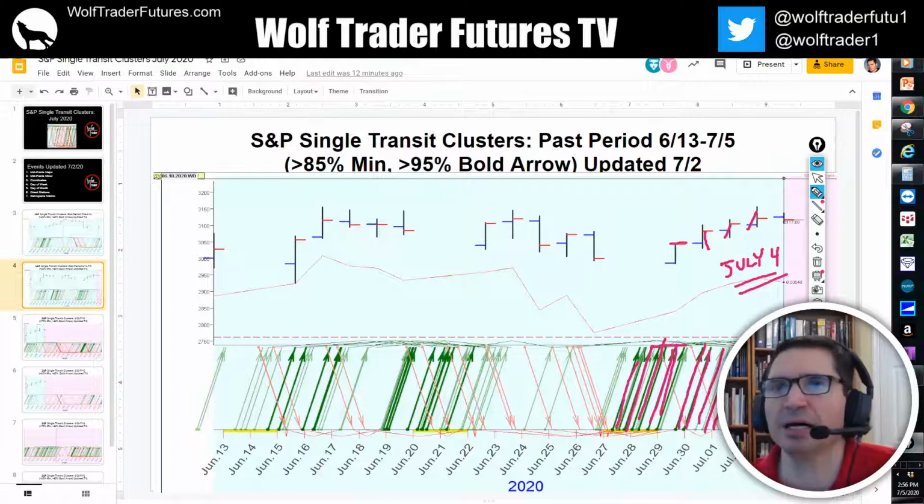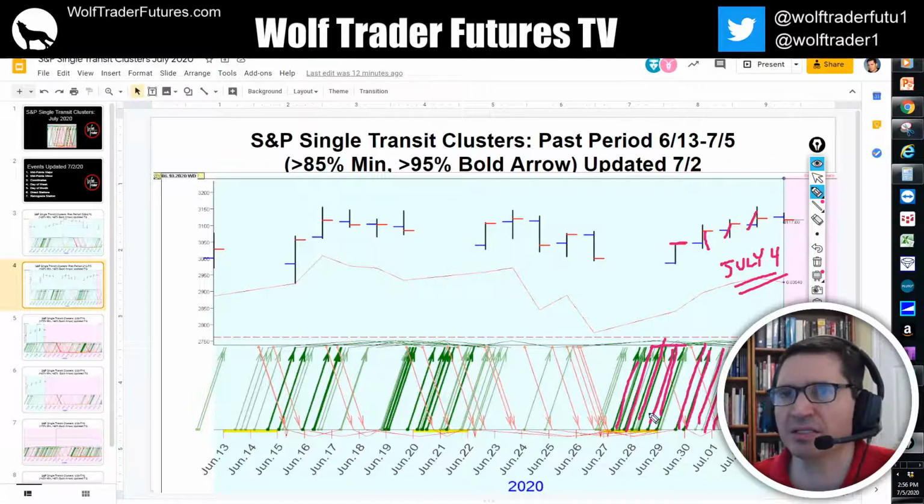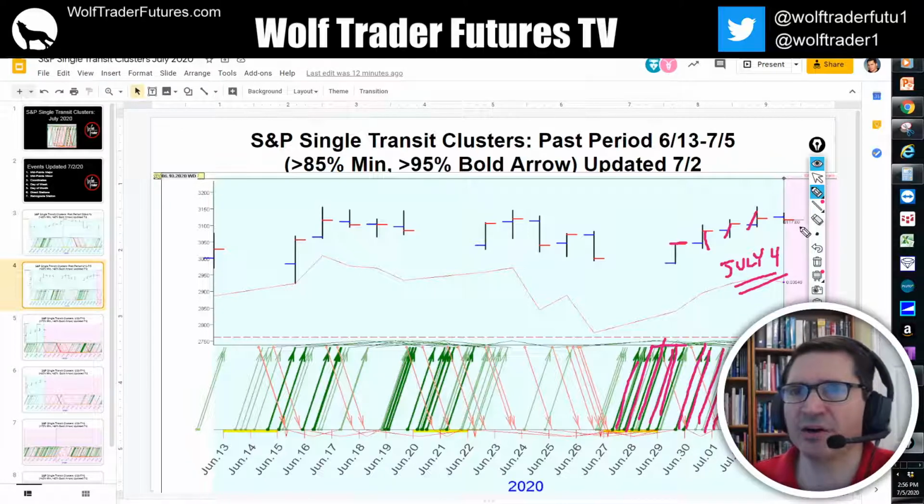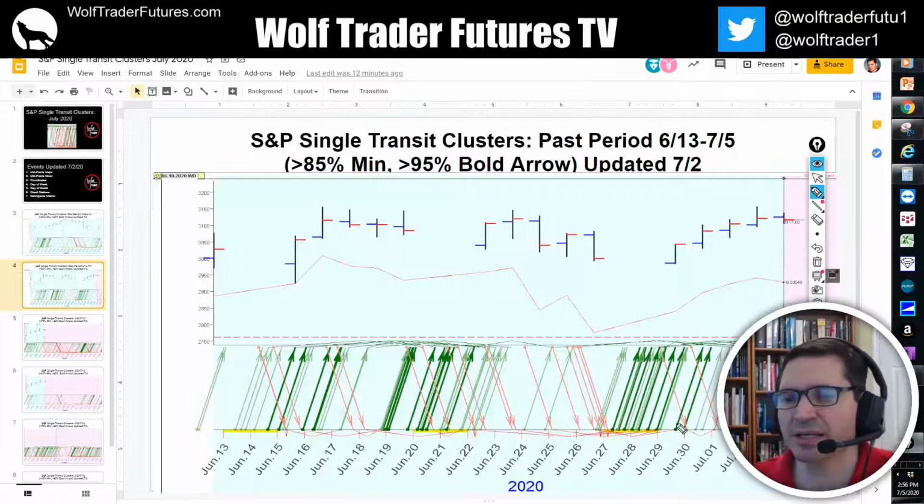So this picked up those cluster of positive transits on the S&P that we couldn't see off of just a general cycle, because these may or may not have anything to do with a general cycle like a solar cycle. Like I said, the lunar eclipse has nothing to do with the solar cycle or the cat file. The Jupiter Pluto has nothing to do with that. The seasonal has nothing to do with that.